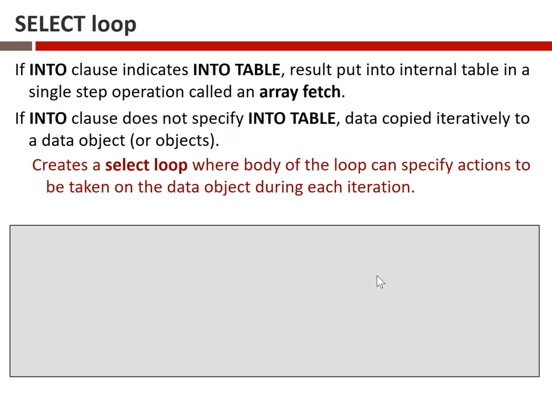Now we're doing a singular doling out of information in the context of a looping structure. So we have a loop that starts with a select statement and then ends with an end select statement.